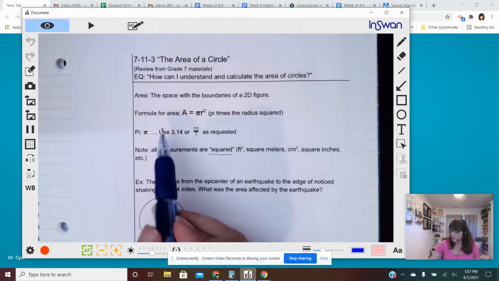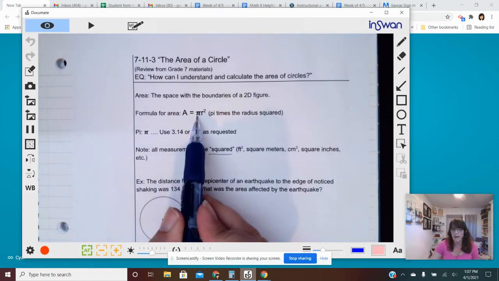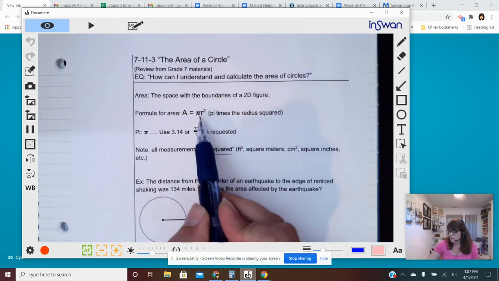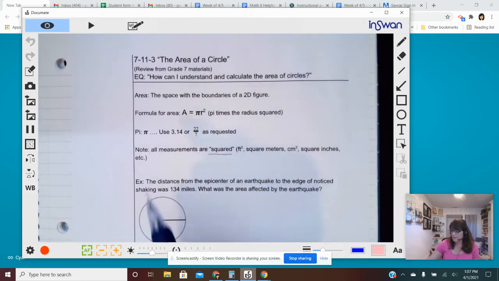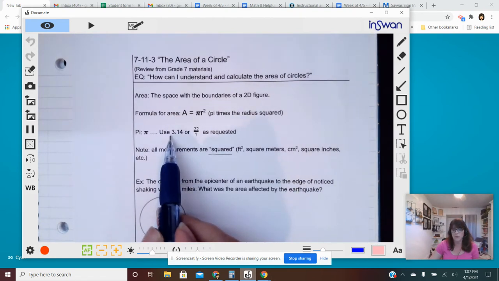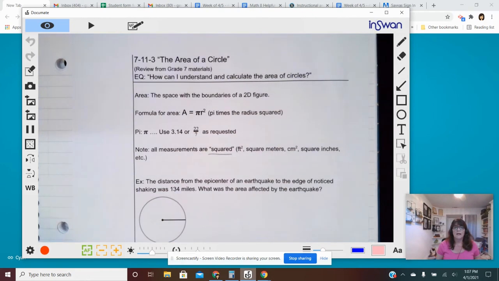Now, the formula for the area of a circle, area is pi times radius squared. Again for pi, we're going to use 3.14 or 22/7 as requested.